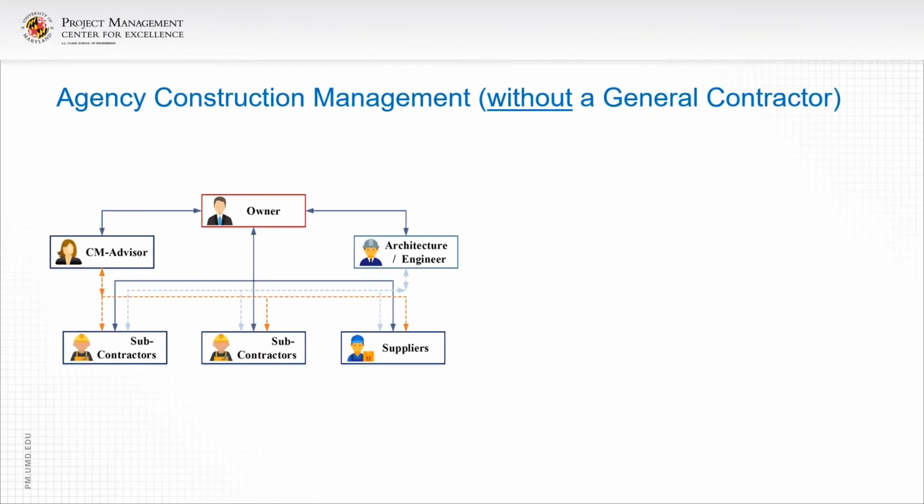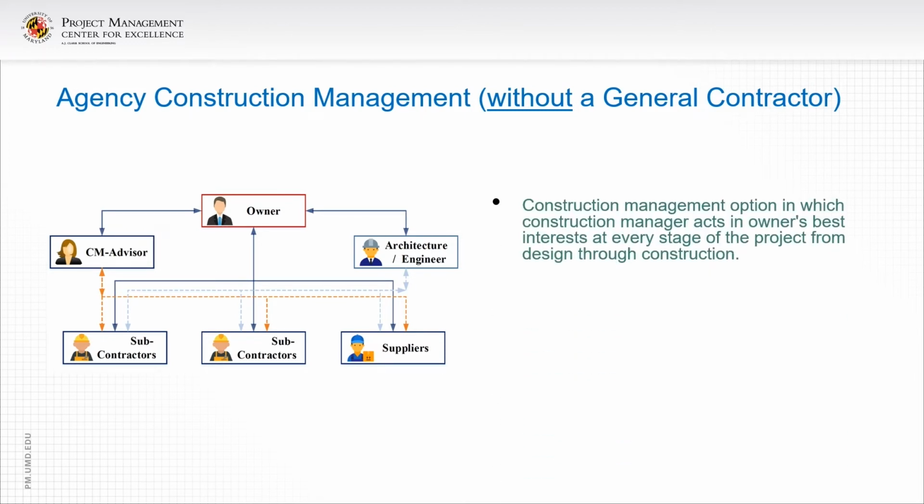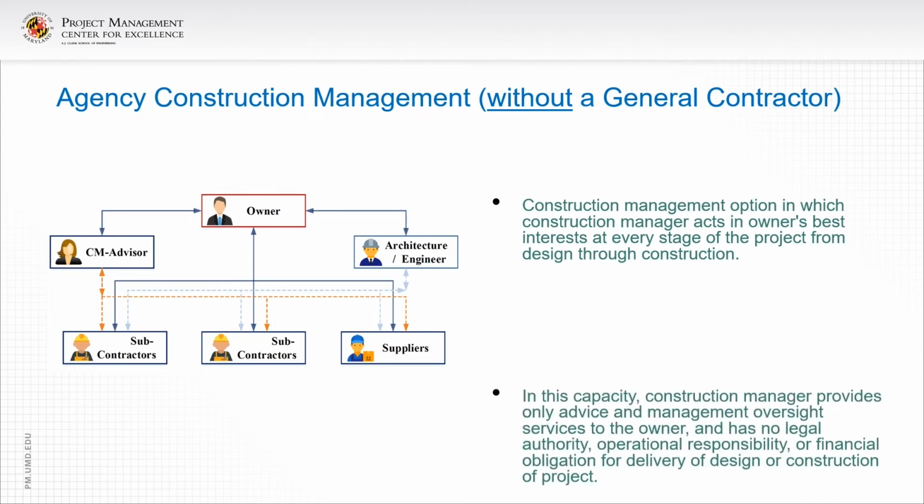Next, let's talk about agency construction management. And there are two methods. One is without a general contractor. The construction management option in which the construction manager acts in the owner's best interests at every stage of the project from design through construction.